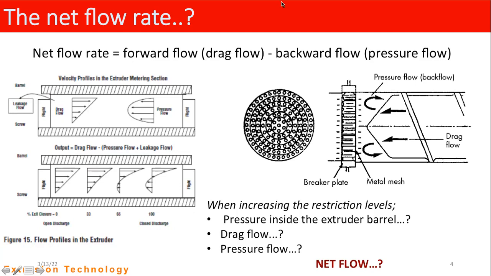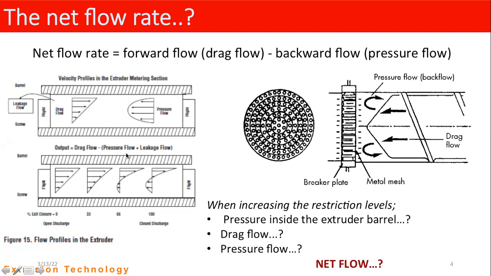Based on the side dimensions, you can understand the pressure flow and drag flow are opposite. And leakage flow is also there, right? We will discuss it. In this equation, you can see output equals drag flow minus, within brackets, pressure flow plus leakage flow.